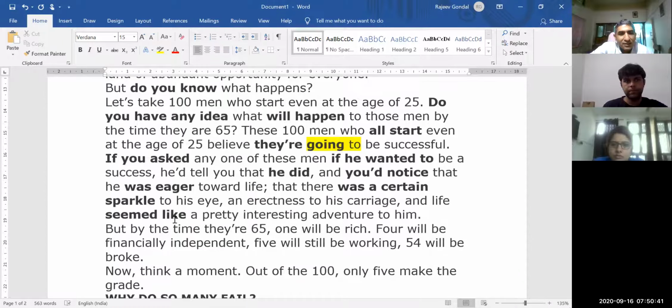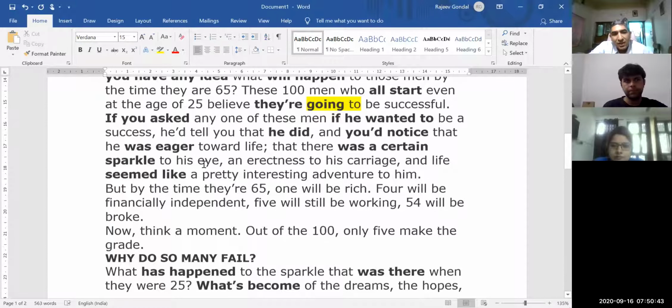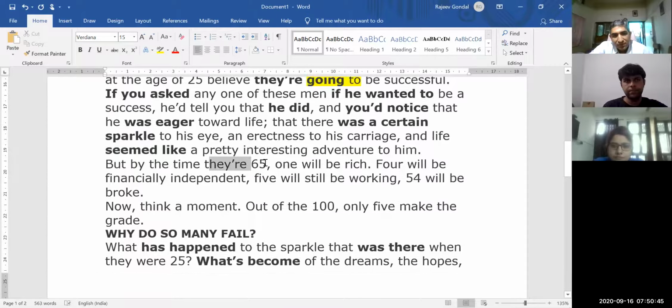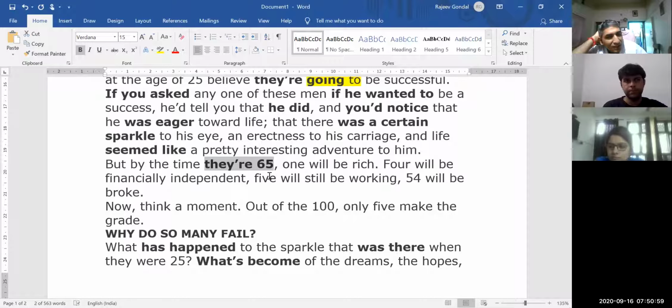But by the time they are 65, now "they are 65" is present tense, and in fact it is in future. When they turn 65, right? By the time they are 65, by the time you are 60. So sometimes in colloquial English, in spoken English, we use present tense to speak about future also.